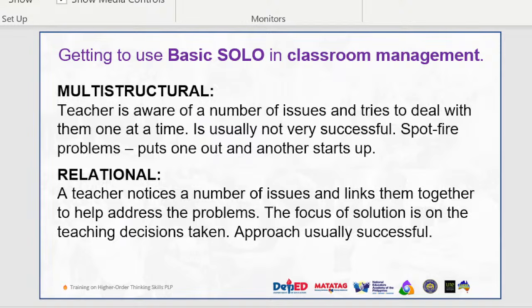At the relational level, the teacher notices a number of issues and links them together to help address the problems. The focus of the solution is on the teaching decisions taken. So there is a link among the issues and it helps to address the problem. The approach usually is successful.